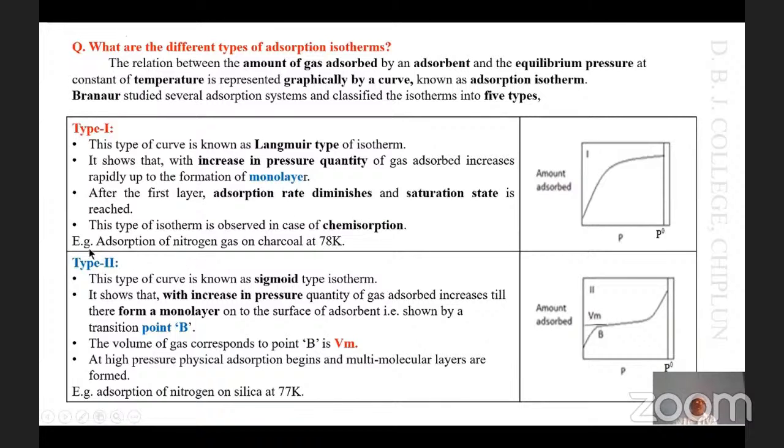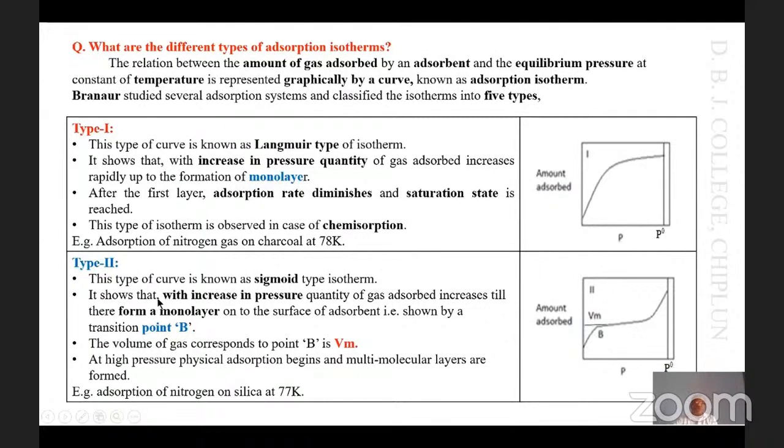Now let us discuss the second type of adsorption isotherm. This type of curve is known as sigmoid type of isotherm.